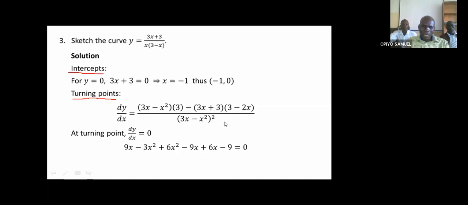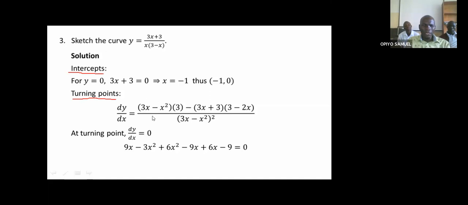So the denominator has to be squared. But at turning point, the derivative with respect to x should be equal to 0. Turning point is also called stationary point. So at turning points, dy by dx equals 0.